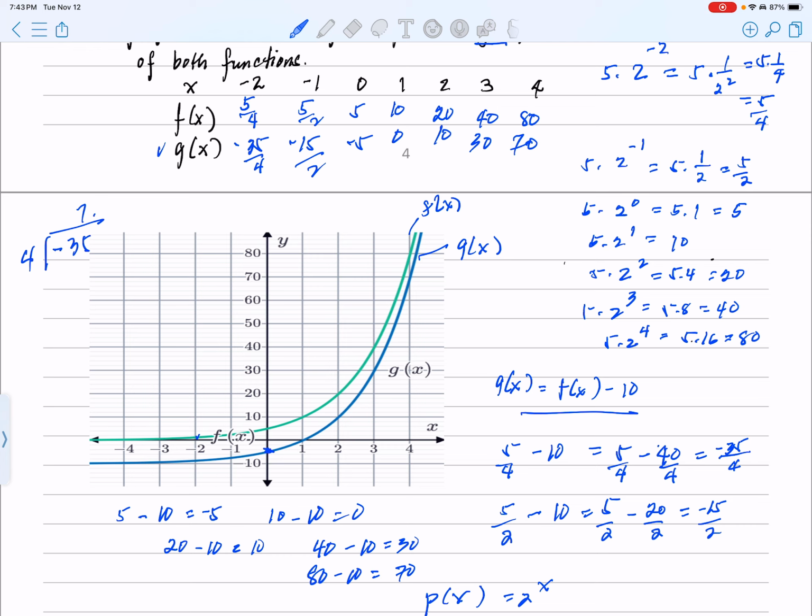Negative 15 over 2 is 7.5. Somewhere here in the middle. They are very close.